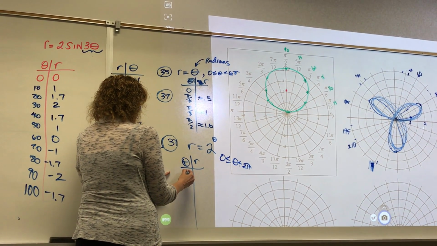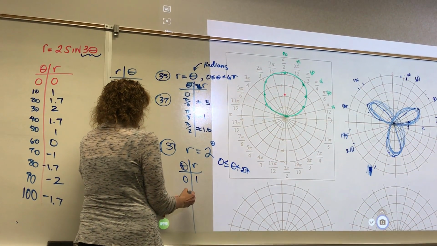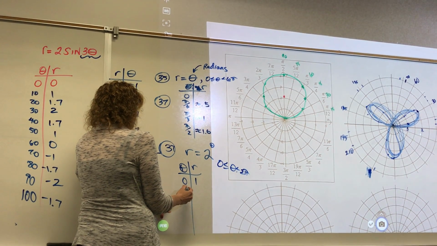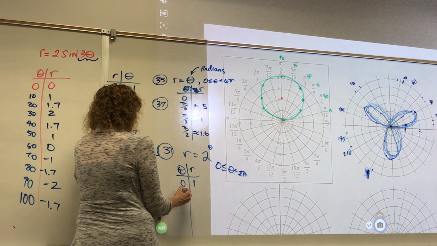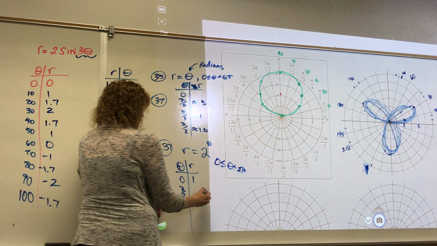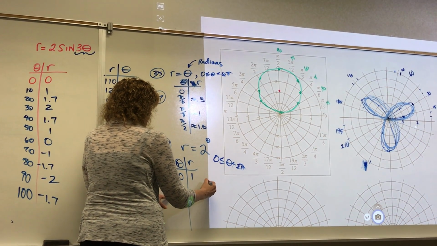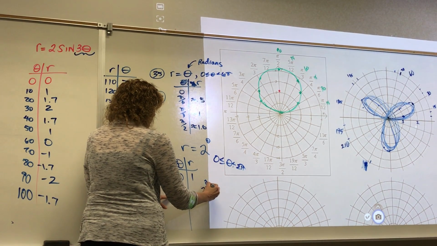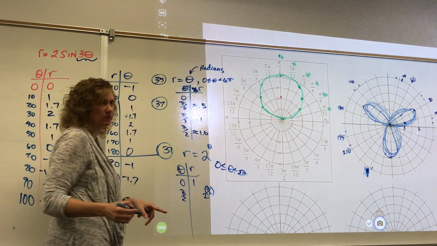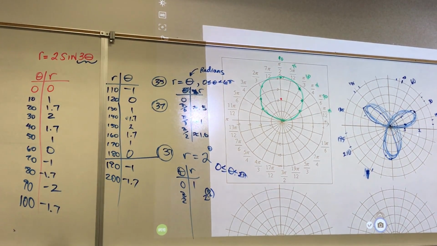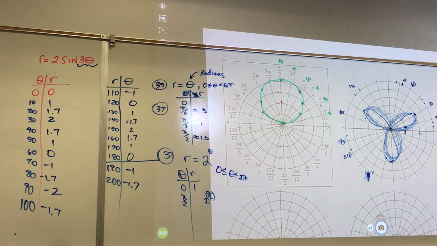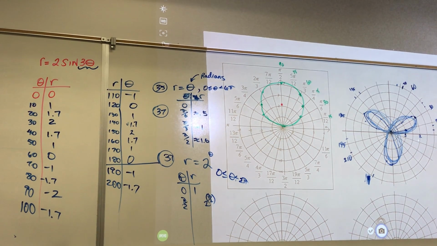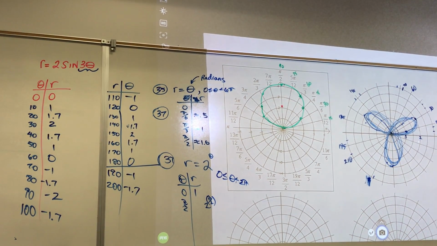So 0 is not totally exciting, 2 to the 0 is 1. If we're going to plug in, say, pi over 2, we're going to make sure we do 2 to the power of pi over 2, and when you use your exponent, make sure you put parentheses around that to get your decimal from your calculator. So make sure on those two problems you graph with respect to radians.